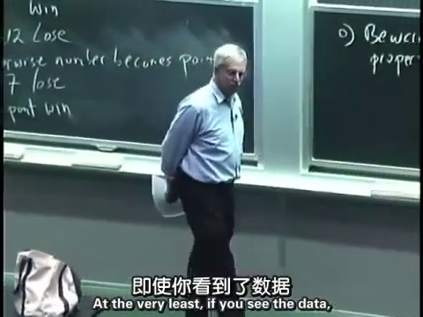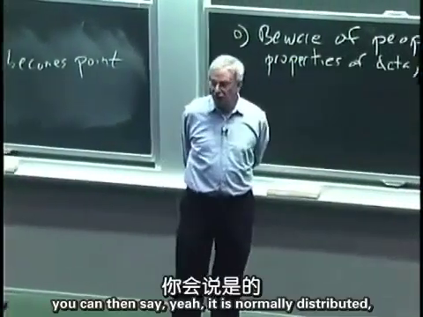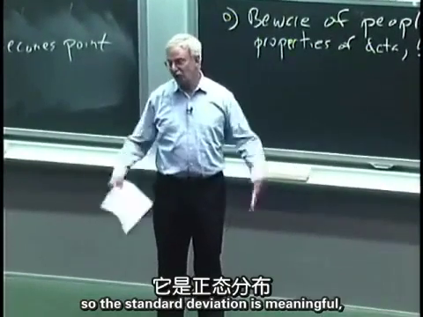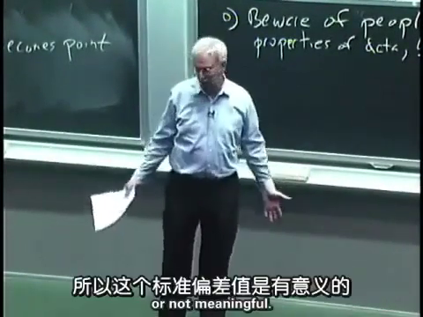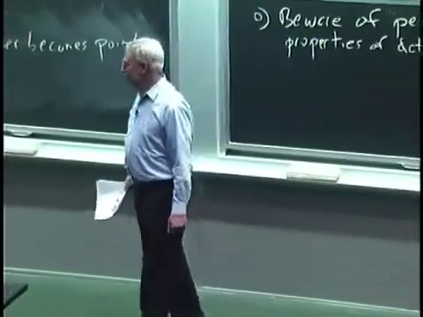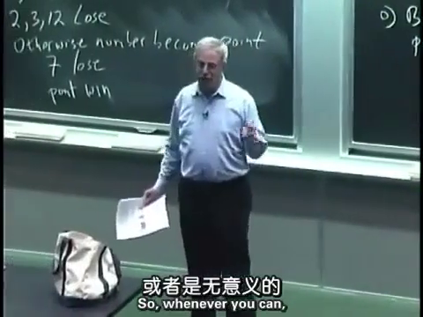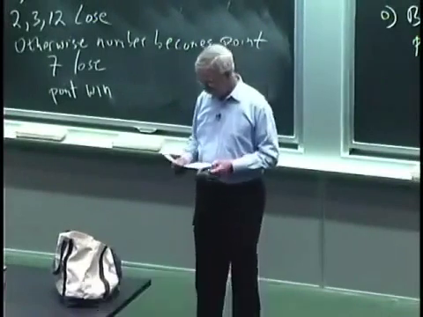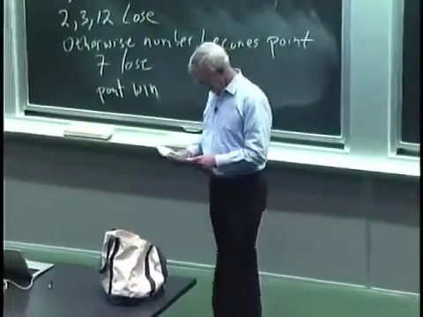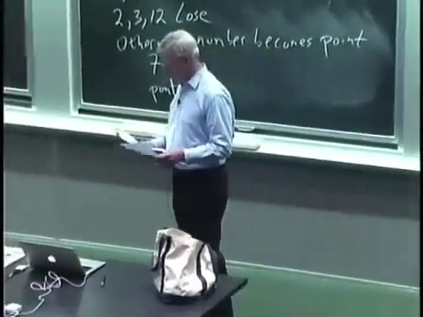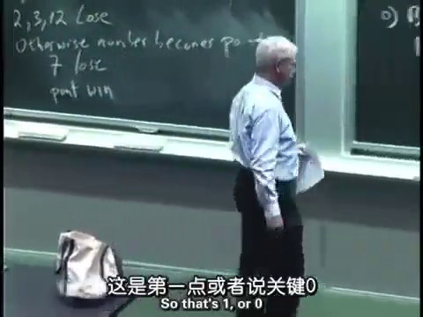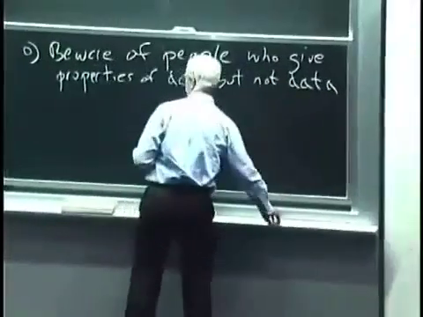At the very least, if you see the data, you can then say, yeah, it is normally distributed, so the standard deviation is meaningful or not meaningful. So whenever you can, try and get at least to see the data.